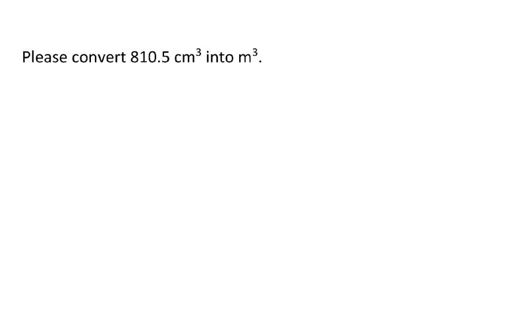Now let's try a problem that asks us to convert 810.5 centimeters cubed into meters cubed. We start by writing the measurement on the far left, 810.5 centimeters cubed. We multiply by a conversion factor with centimeters cubed in the denominator. This is so centimeters cubed cancels out.